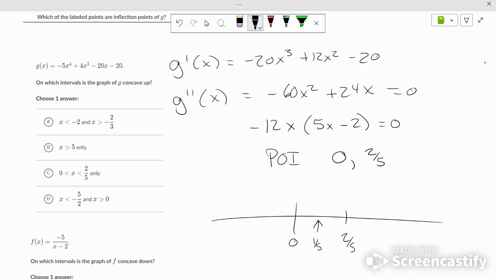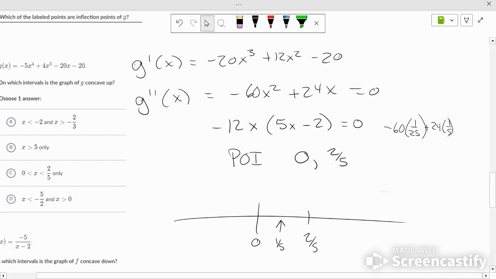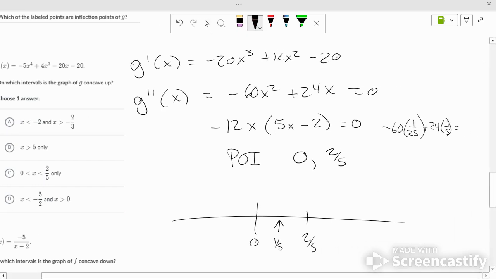So, somebody with a calculator, take negative 60 times 1 over 25 plus 24 times 1 over 5. What do you get? A positive or a negative number? This is going to be a positive number, right?